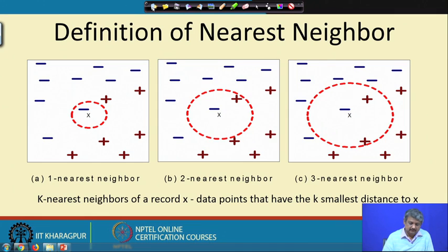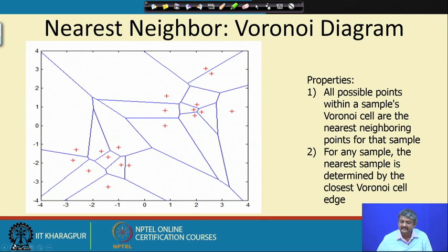For the case of one neighbor, this has a nice geometric interpretation called the Voronoi diagram or Voronoi cells.